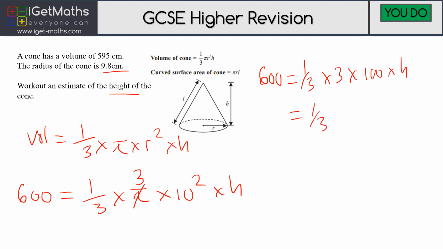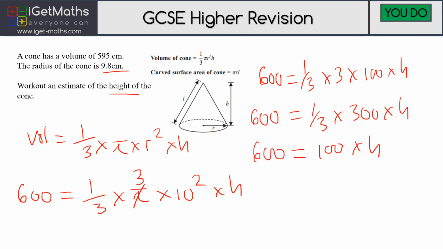So I've got 1/3 of 300 times h, and the full volume is 600. 1/3 times 300 is the same as saying 300 divided by 3, so that would just be 100 times h, and 600 equals 100 times h. And to get the height by itself, I would just divide by 100 on both sides. So I'd have a height of 6 centimeters, which is the height. Okay, and you're done.